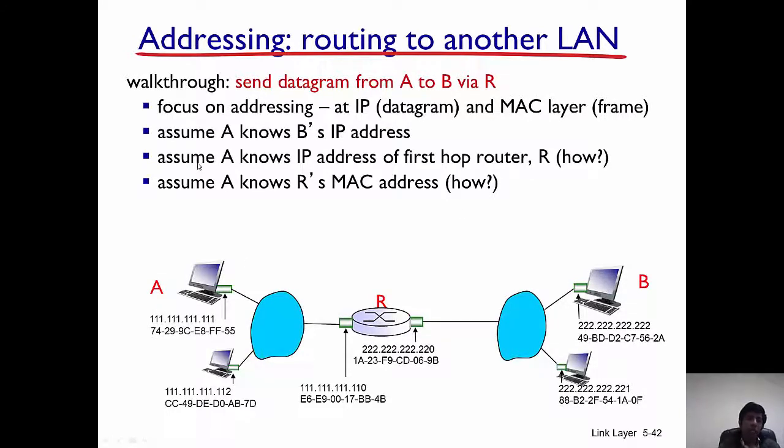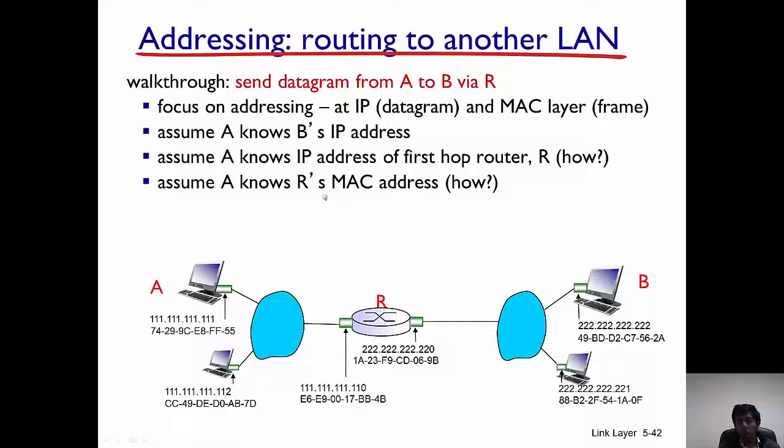The next is, we can also assume that A knows the IP address of the first hop router R. And how is it possible? Recall that DHCP returns the IP address of the first hop router, and hence A can know the IP address of the first hop router. Next, we also assume that A knows R's MAC address, and if you think hard, you will know how this is possible. We just discussed this.